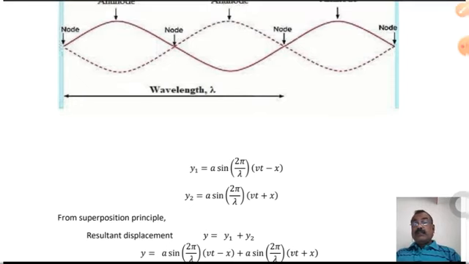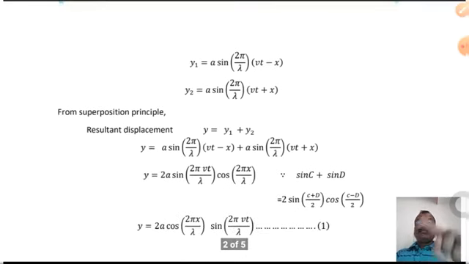We know that superposition of waves is the basic principle for stationary wave. As a result, from the principle of superposition of waves, the resultant displacement y can be written as y1 plus y2. We substitute the equations of y1 and y2 for y.